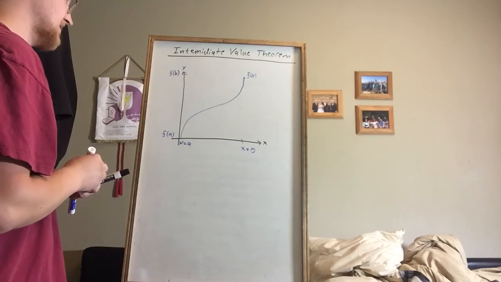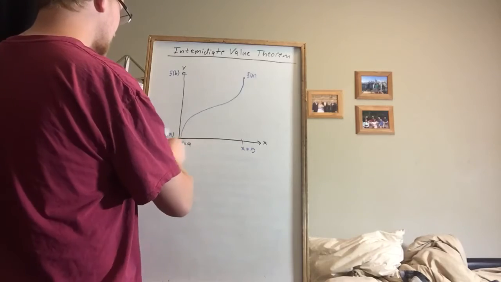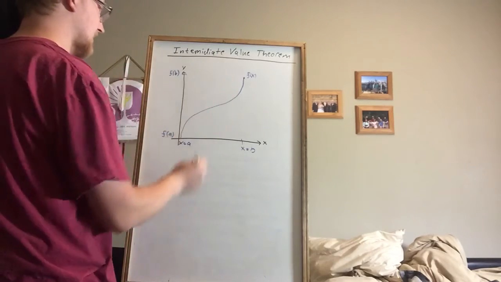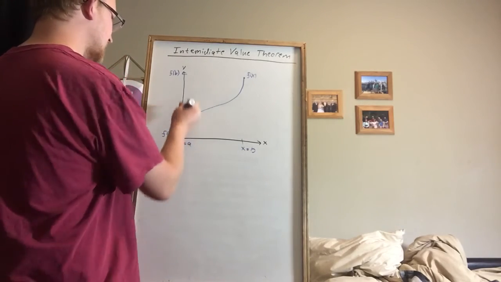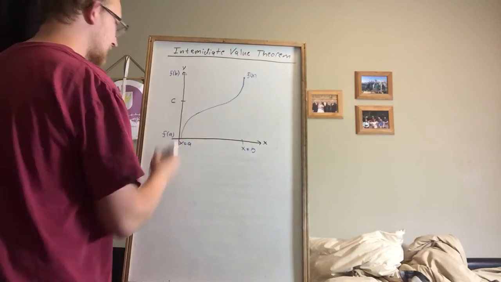And what we are saying here is, let's say that we're moving across this line, and we're interested in whether we ever cross this point, we'll call it c.